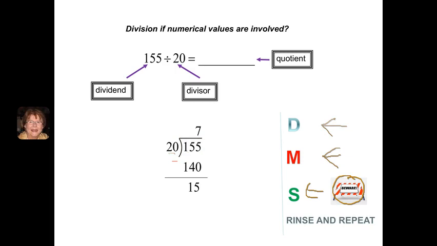And this is a little term that my students would always say, rinse and repeat. That means you start over again to see if you can divide. Your result in this case is 7, and there's a remainder of 15. It's the same for long division using algebra. Let me help you with that.